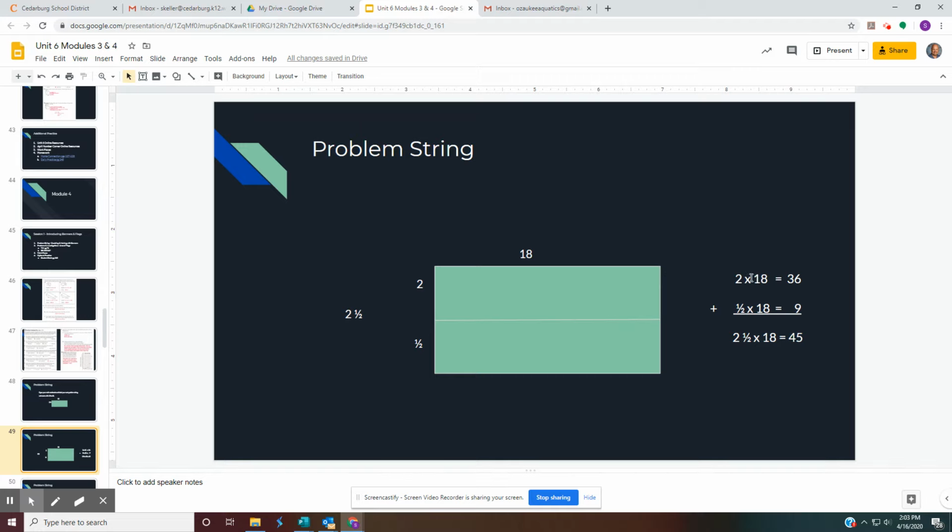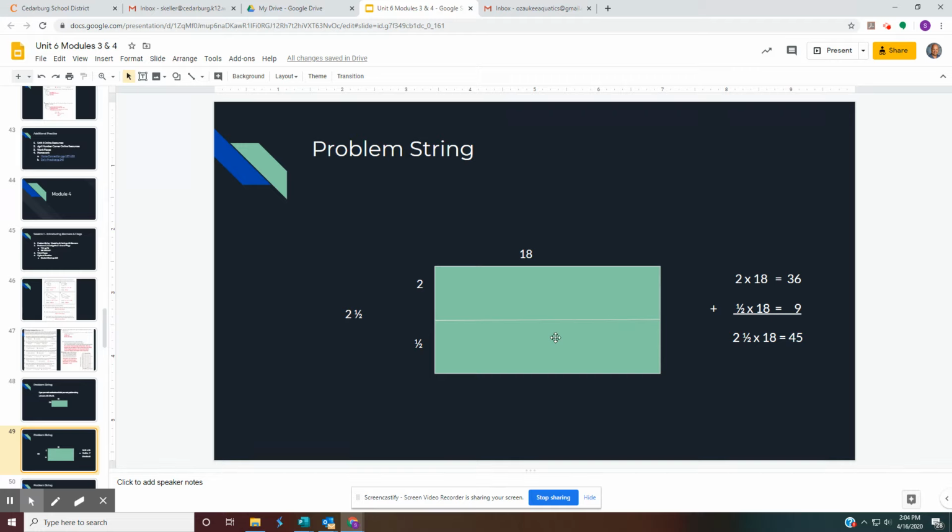All right. 2 times 18 was 36. So if I were to draw my lines in here and make sure that I had two parts and I had 18 lines going straight down, I would prove that I had 36 blocks within this array. Now we have 1/2 times 18. So that would mean that if I took half of a line, not a whole line, but a half of a line, then we'd have 18 halves or 9 wholes, correct?